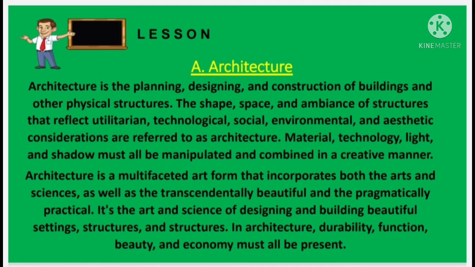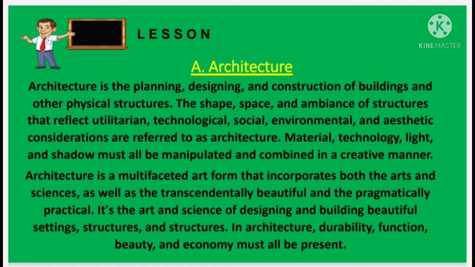Now let's define first what is architecture. Architecture is the planning, designing, and construction of buildings and other physical structures. In relation to buildings, architecture has to do with the form, space, and ambience that reflect functional, technical, social, environmental, and aesthetic considerations.